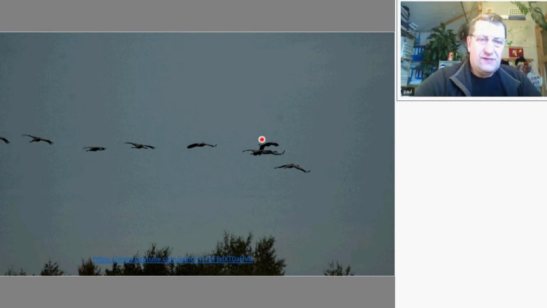So you can see which are the young birds and which are the older parent birds, and they keep together until they come to the north, and then the youngsters have to leave the parents, and the parents make a new nest and a new brood, new chicks.